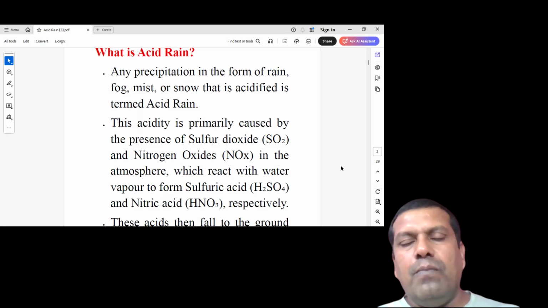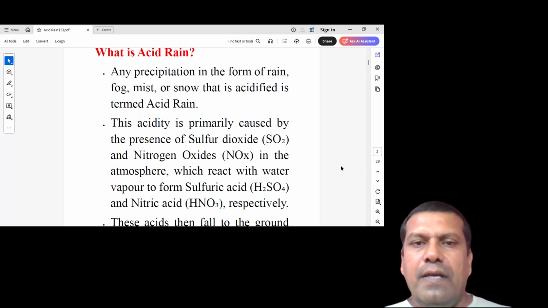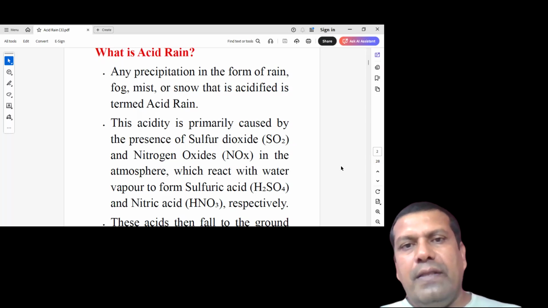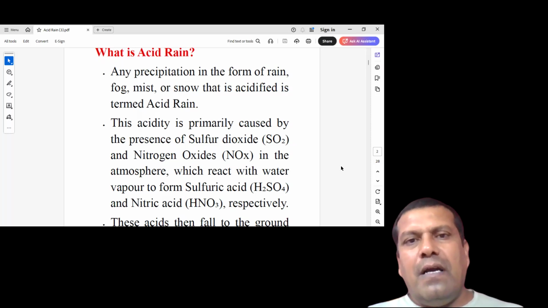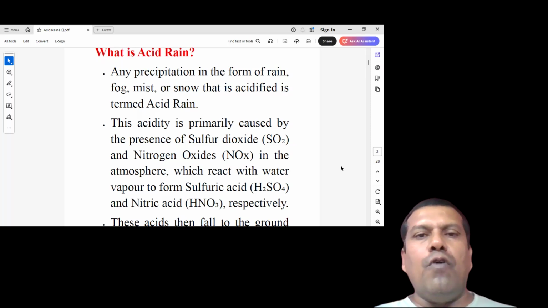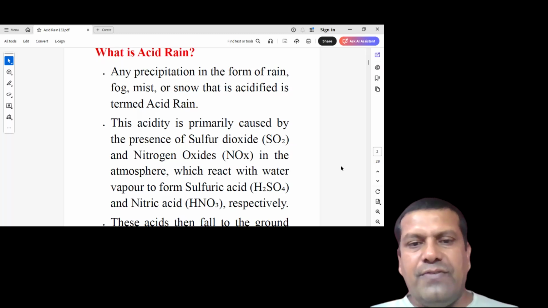The industrial emissions lead to various gases like sulfur dioxide and nitrogen oxides. They get mixed up with the atmosphere, and when these compounds react with the moisture present in the atmosphere, it finally leads to the formation of various acids like sulfuric acid and nitric acid, which leads to acid rain.